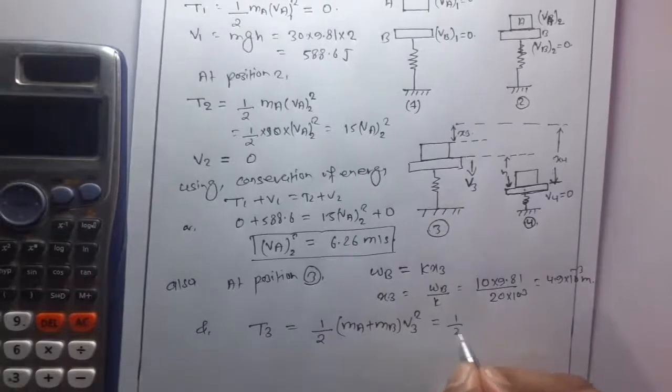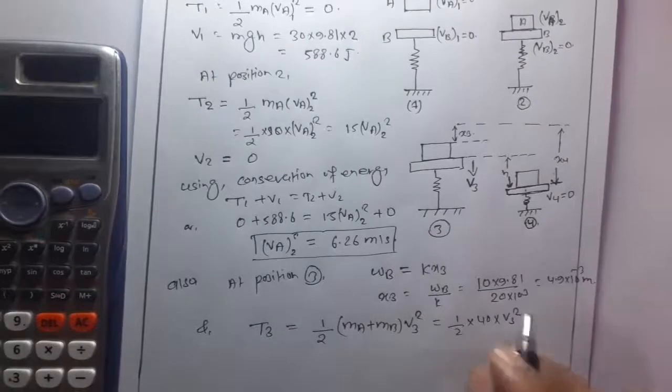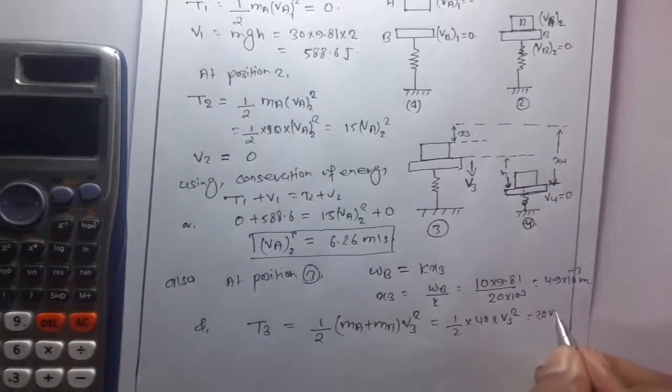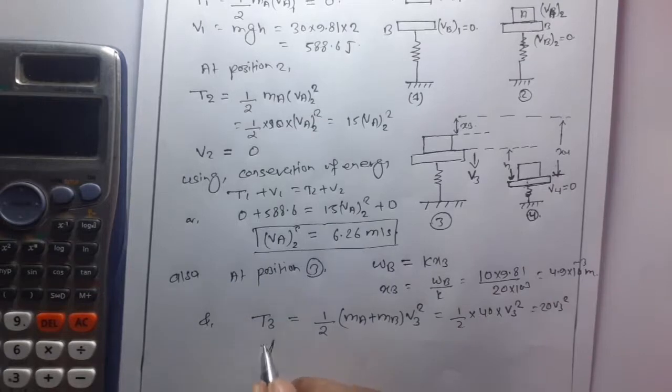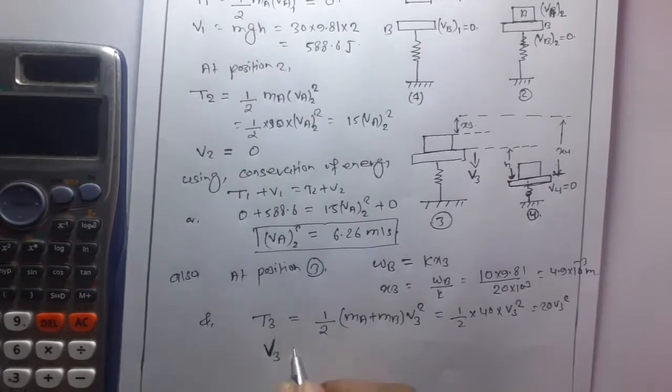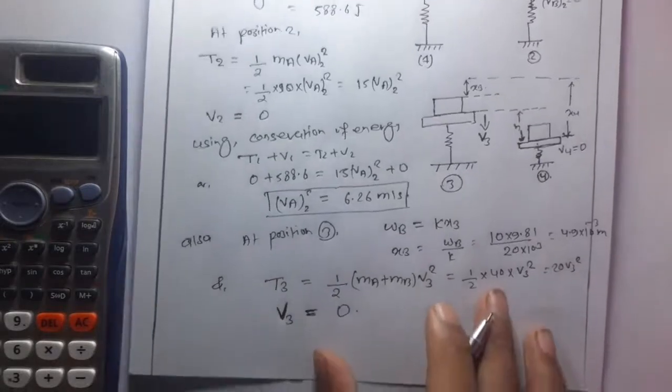So this is 1 by 2 into 40 into v3 square, that's 20 v3 square. And this is a capital V, potential energy, V3 is equal to 0.